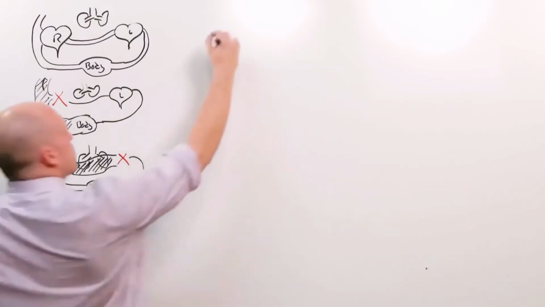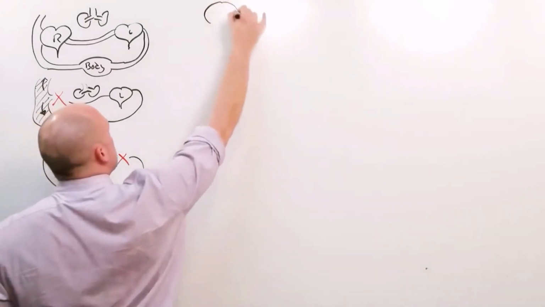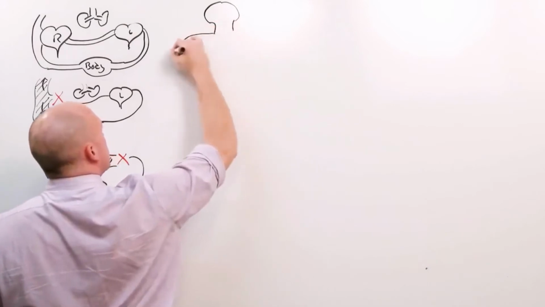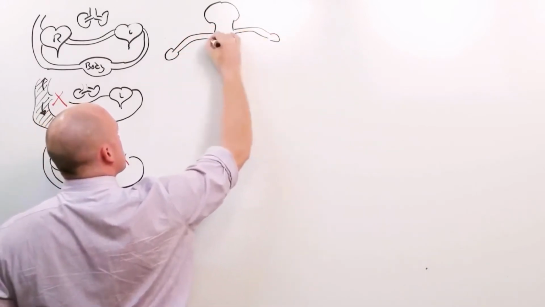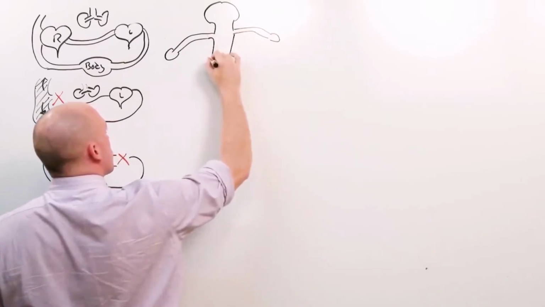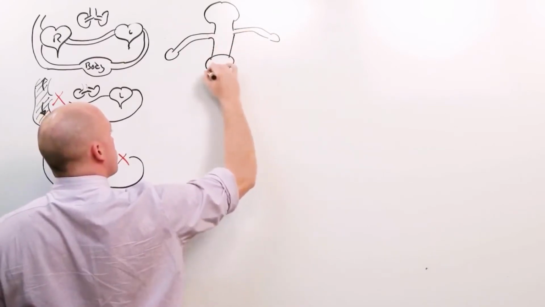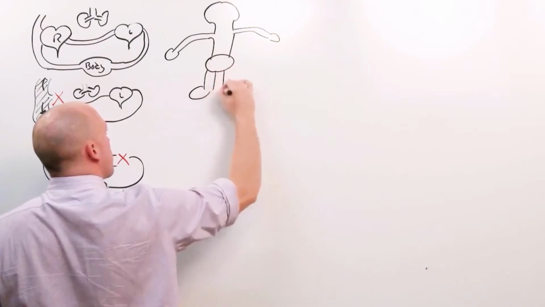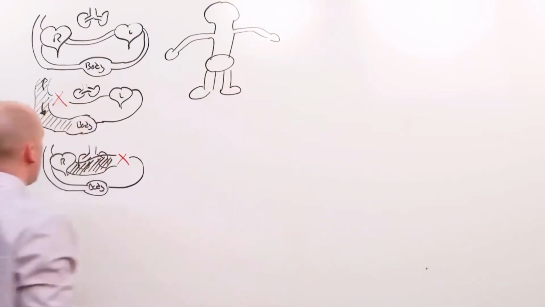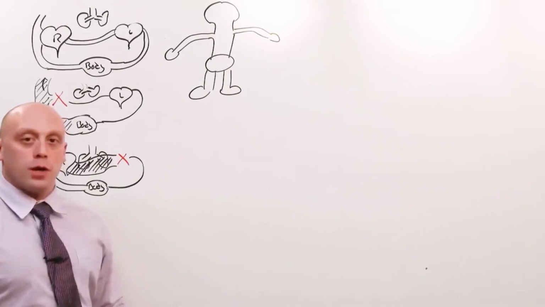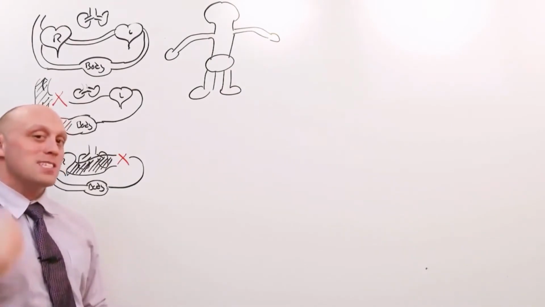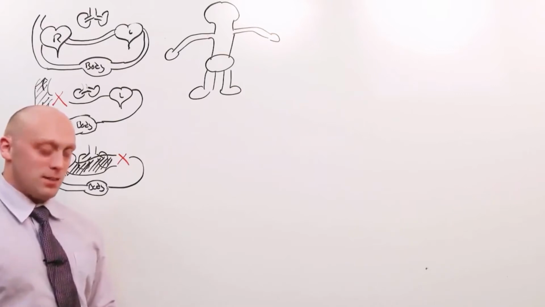So if we look at a person, we can begin to develop the signs and symptoms of heart failure. If the right heart is broken, fluid is going to back up before the right heart. It's going to be in both the SVC and the IVC.